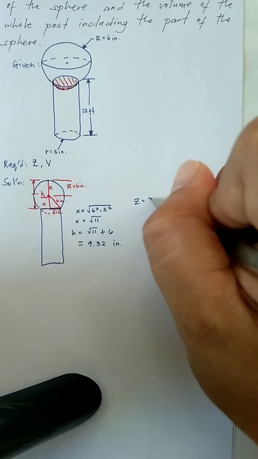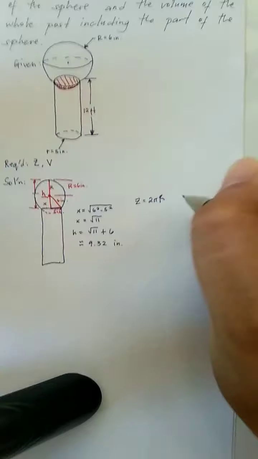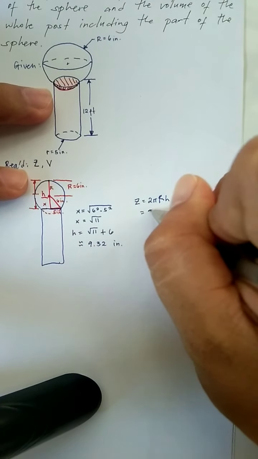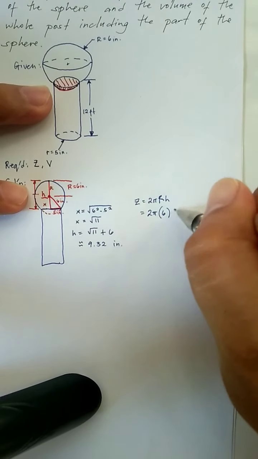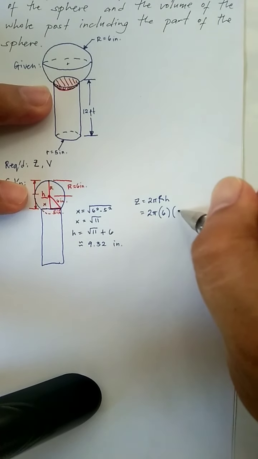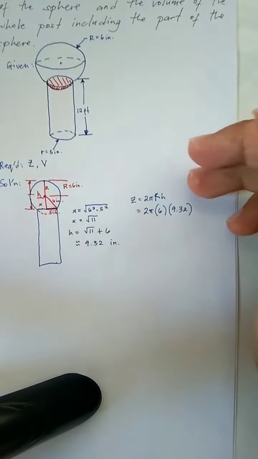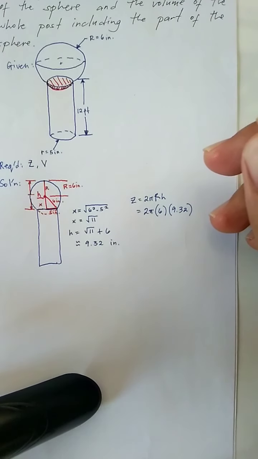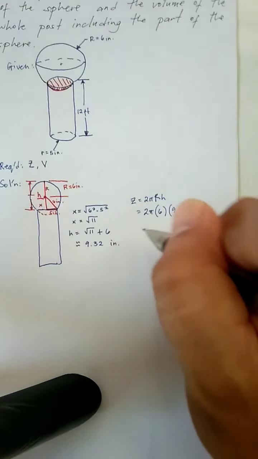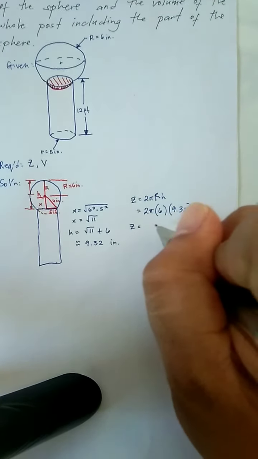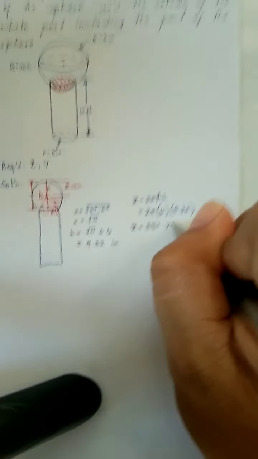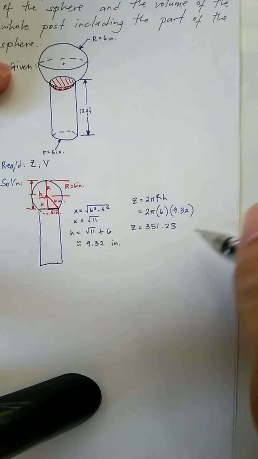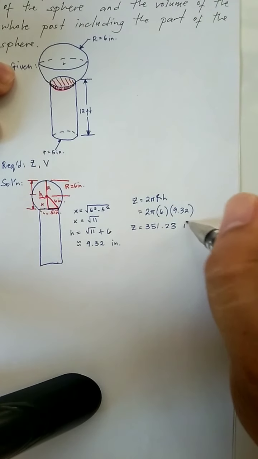So Z is equivalent to 2 pi r h, which is 2 pi times the r, which is 6, times the h, which is 9.32. So Z therefore is equivalent to 351.23 square inches.